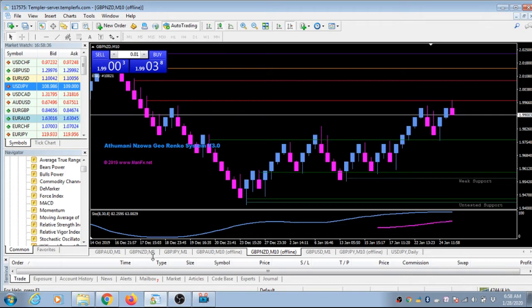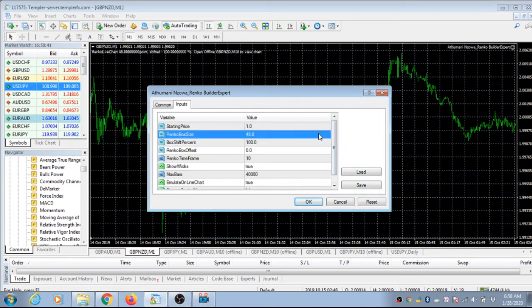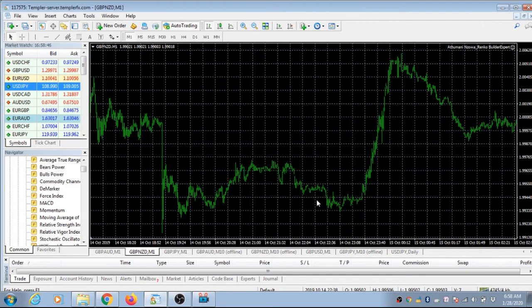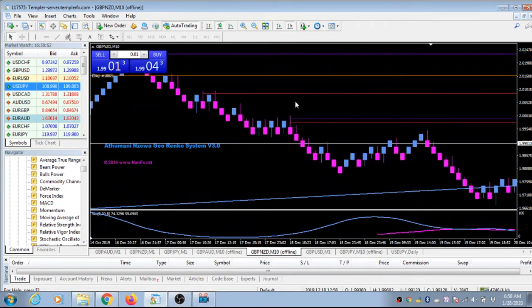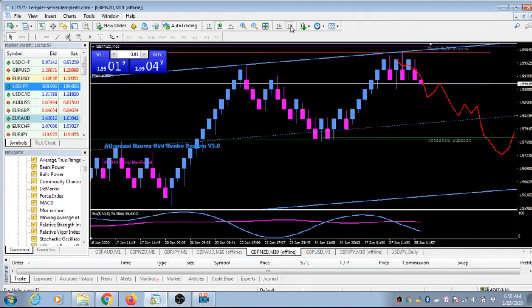Let me reduce the Renko box size, because 48 is a bit big, let me take it to 24. So this is how it would look. It's not looking good, and in terms of getting signals here, you can see there's a bit of consolidation, so there's a bit of up and down.